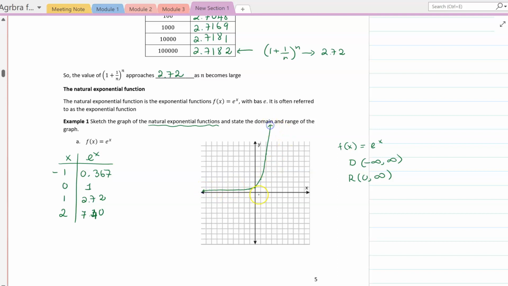Okay, so labeling this. And this is the graph of f(x) = e^x, and the domain and range we stated earlier.